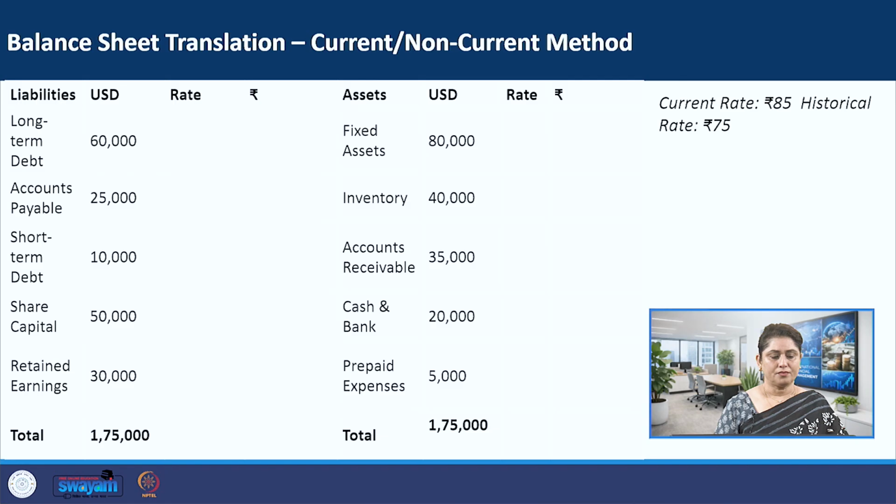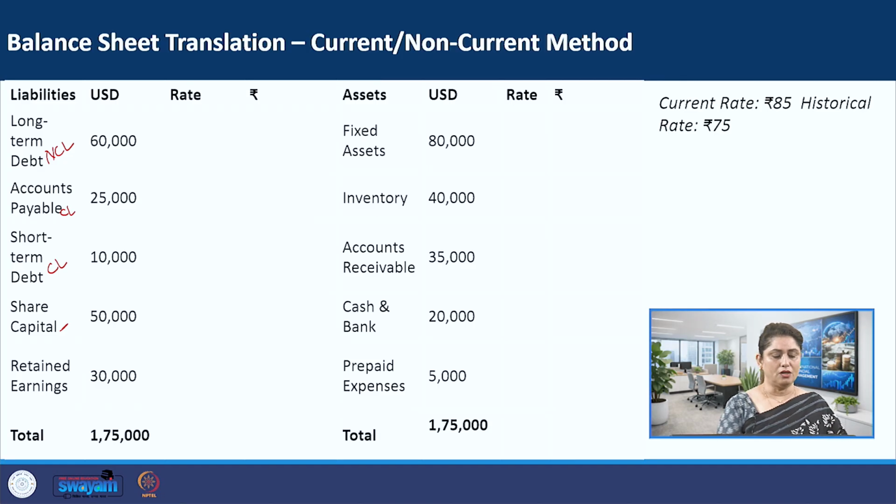Now, here we have the balance sheet translation of current and non-current. Let us translate the balance sheet on the basis of the current and non-current method. We have to see what our current liabilities and what our non-current liabilities are. This is a non-current liability, that is the long-term liability. This is a current liability, and share capital, as we know, will always be converted into the historical rate.